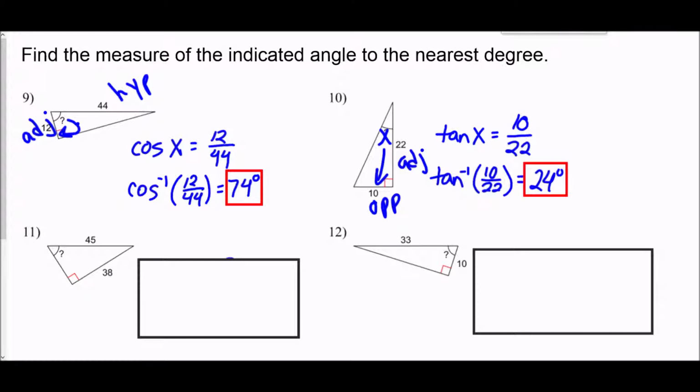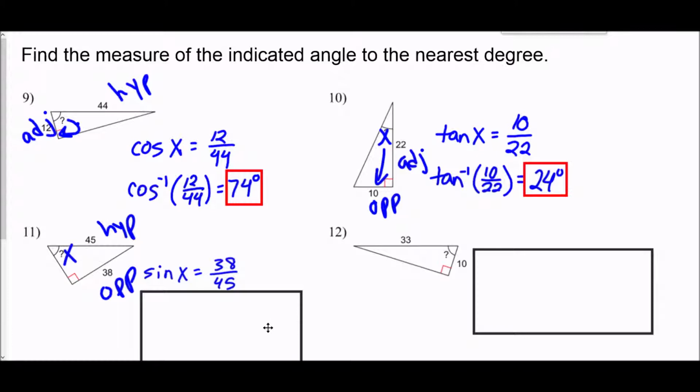This next one. So we have our angle x, this is your opposite, and this is your hypotenuse. The trig ratio that deals with opposite and hypotenuse is sine, because sine is opposite over hypotenuse. So the sine of x is equal to 38 over 45.